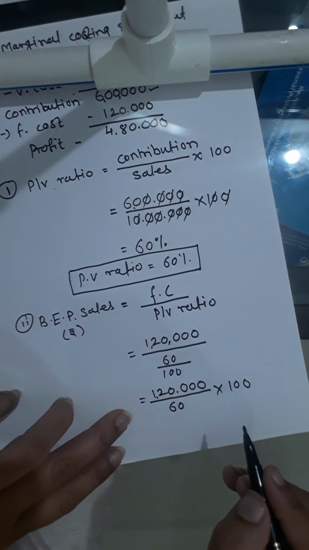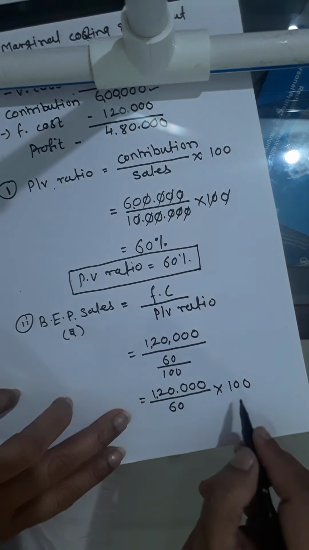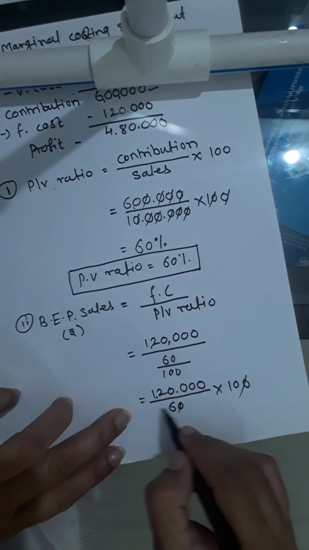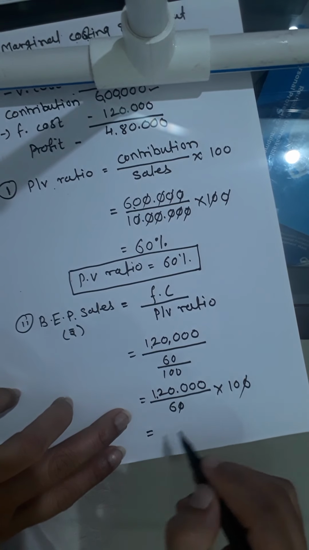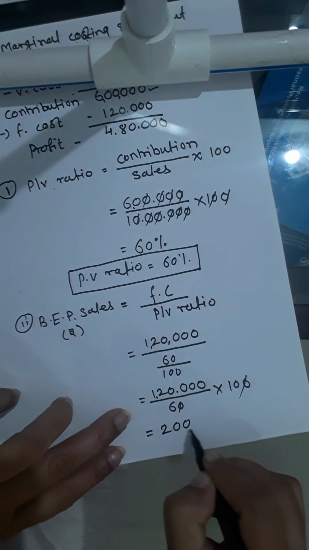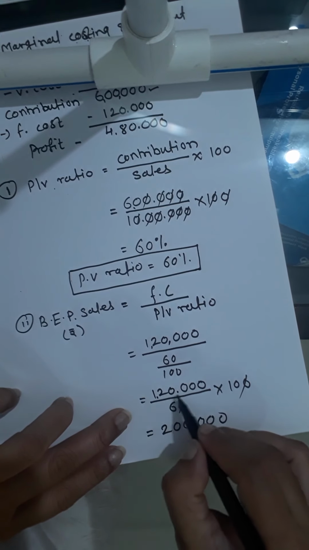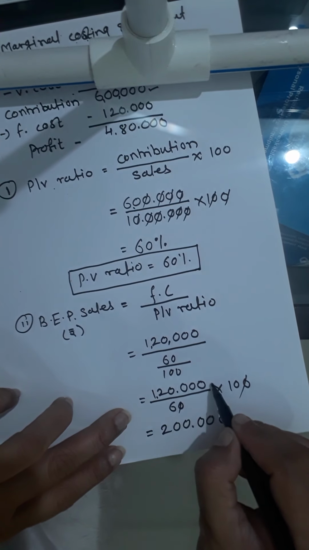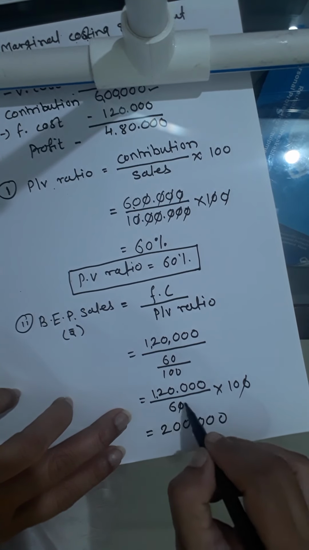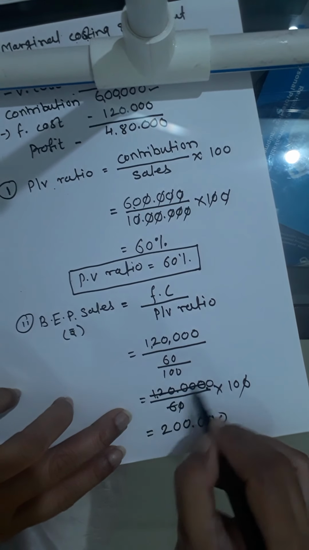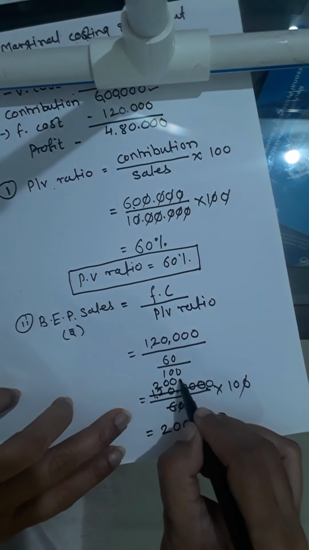So 1,20,000 upon 60 into 100. We'll divide this and the answer will come, that is 2 lakh. 1,20,000 into 10, increase by a zero, and then we'll divide this by 6 to get 2 lakh.